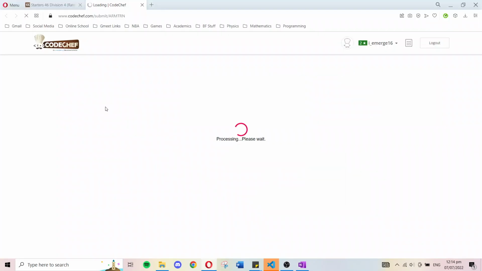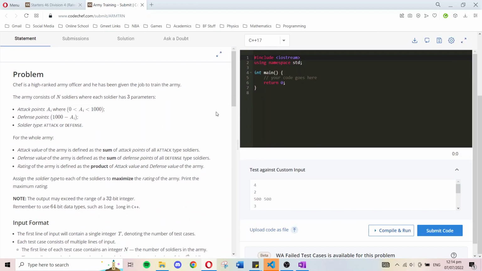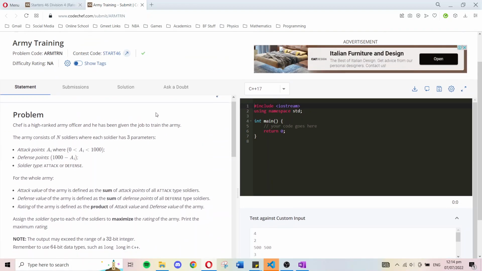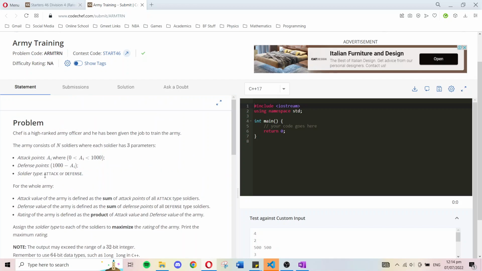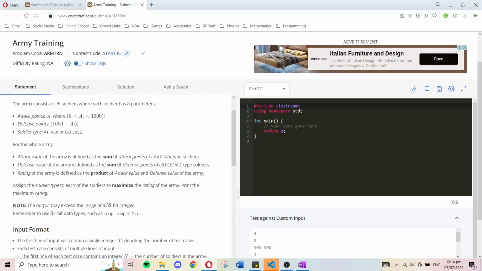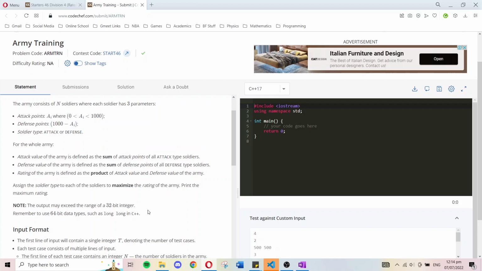Okay, so this problem is called army training. So you're given N soldiers, and their attack points is AI, their defense points is 1000 minus AI, and they can be assigned attack or defense. So the rating of the army is basically the attack value times the defense value, and the attack value is AI, and the defense value is 1000 minus AI.